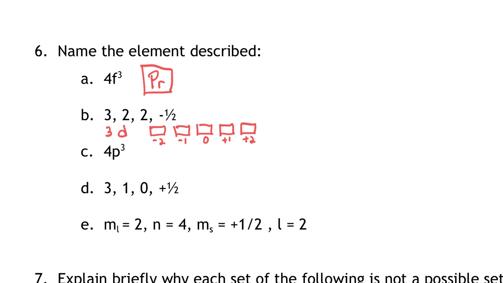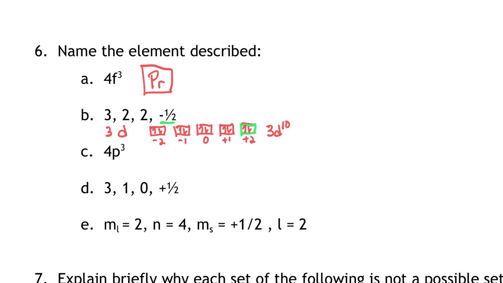Now, the one I'm going to be looking at and focusing on is that +2 box. And I'm going to be looking at my down spin electron. So let me go ahead and put them in. 1, 2, 3, 4, 5, 6, 7, 8, 9, 10. So this is going to be 3d10.